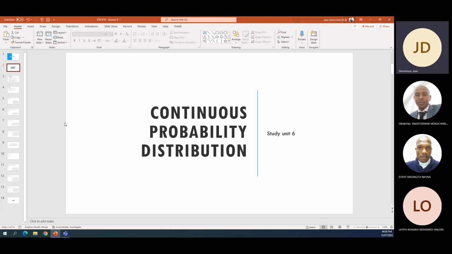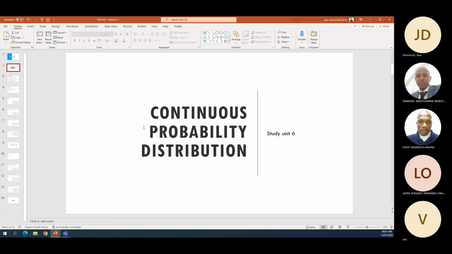So chapter 6 will look at basically your normal distribution. Then chapter 7 will build on that. And then when we go into the confidence intervals and hypothesis testing, it is nearly all part of the normal distribution.